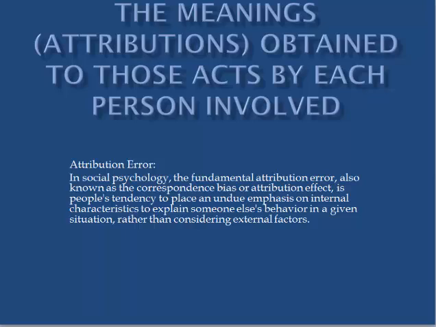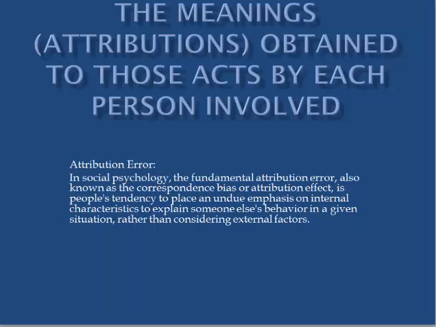Putting it in layman's terms, if you and somebody else do the exact same behavior act, usually you put a positive spin on that behavior act when you do it. But when somebody else does that same behavior, you spin it a little bit negative.